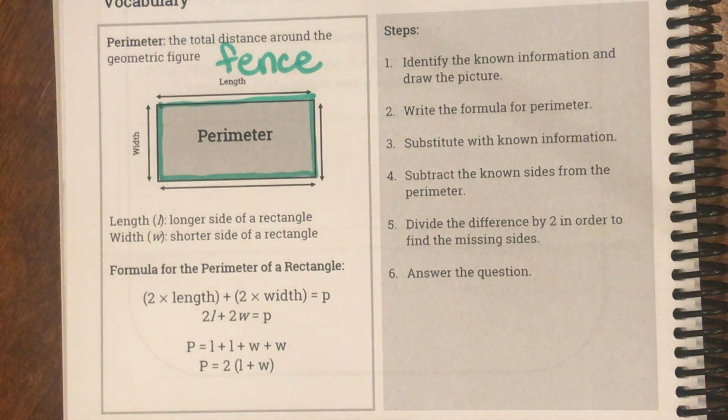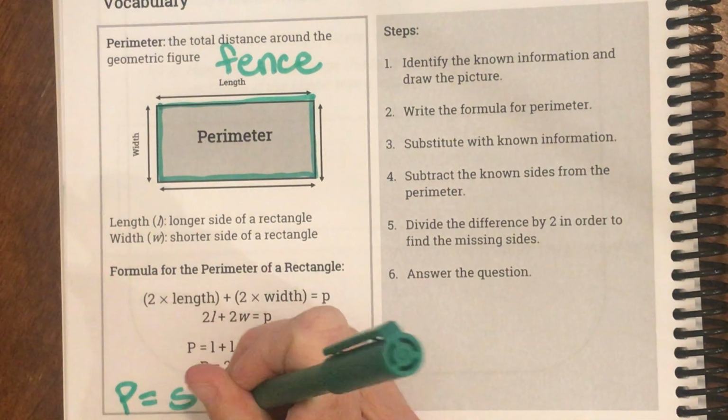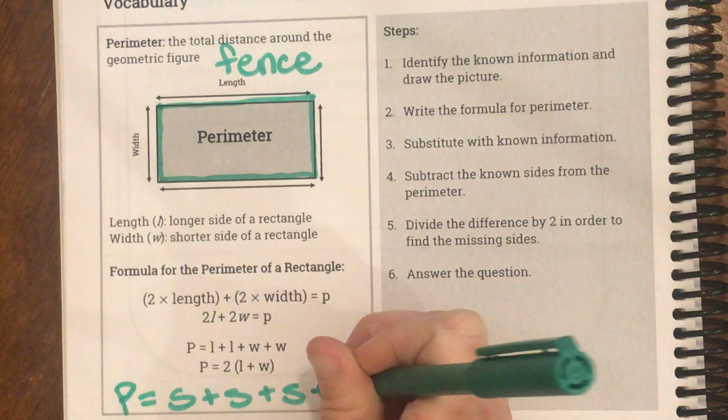And then here they remind us of three formulas. You could do 2 lengths plus 2 widths equals the perimeter, or you could do perimeter equals length plus width, or perimeter equals 2 times length plus width. I told you that I always learned that perimeter equals side plus side plus side plus side.